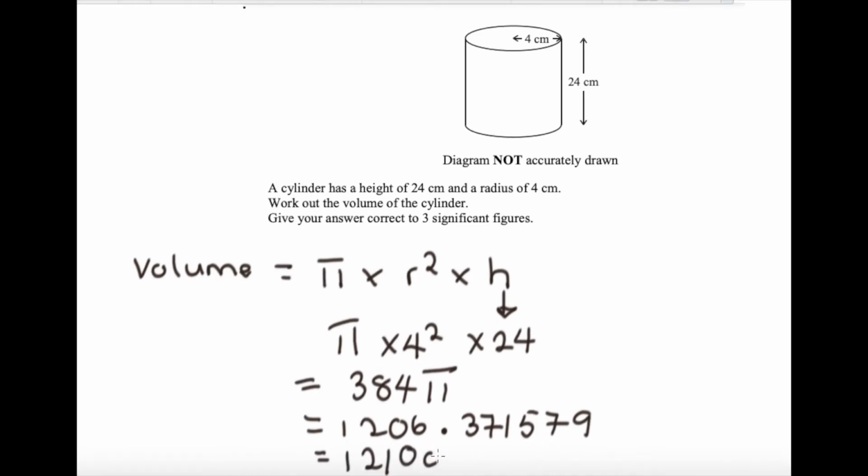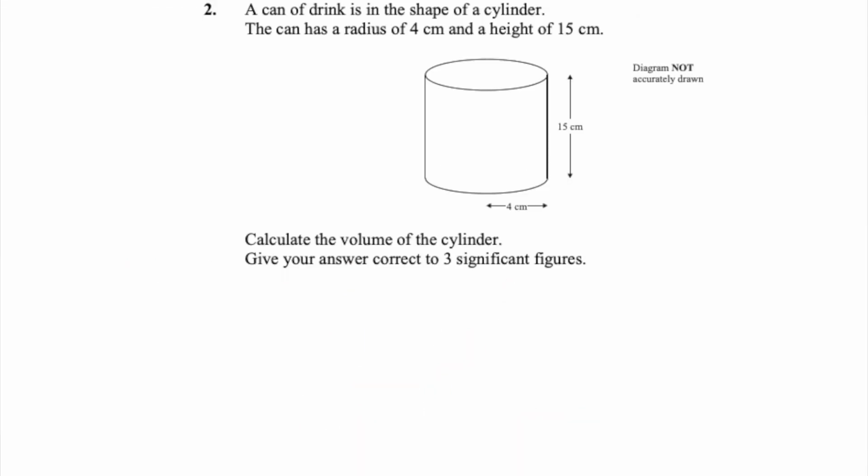1210 centimeter cubed. Second question says, a can of drink is in the shape of a cylinder. The can has a radius of 4 centimeters and a height of 15 centimeters. Calculate the volume of the cylinder. Give your answer correct to 3 significant figures. So we know that volume is equal to pi times r squared times height.